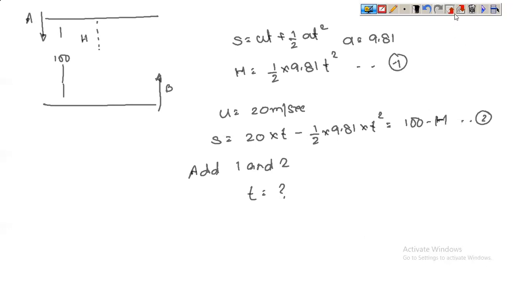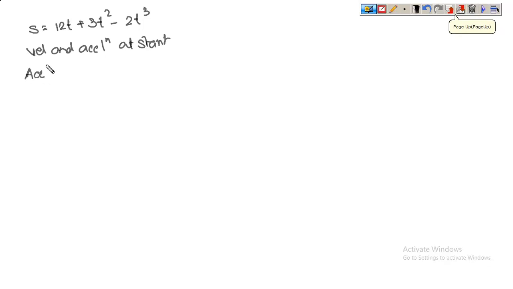Now, the next type of problem is, let us say that s is given by 12t plus 3t square minus 2t cube. You are asked what the velocity and acceleration are at start, and the acceleration when velocity is zero.